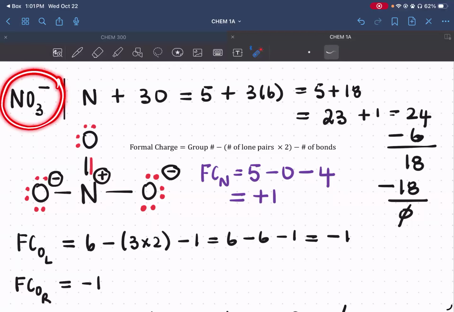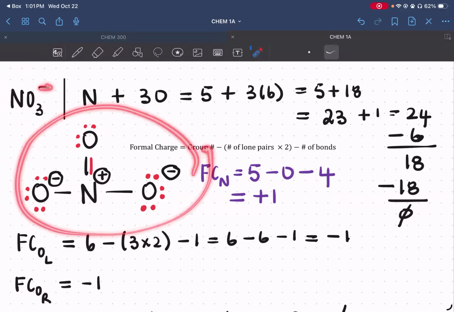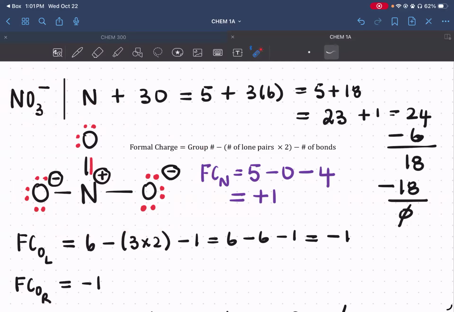We see from the NO3 that the molecule is -1 overall. But individual atoms have their own set of charges. As long as it overall equals a negative, then we're good.